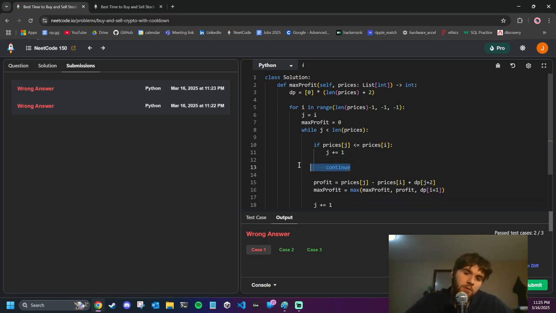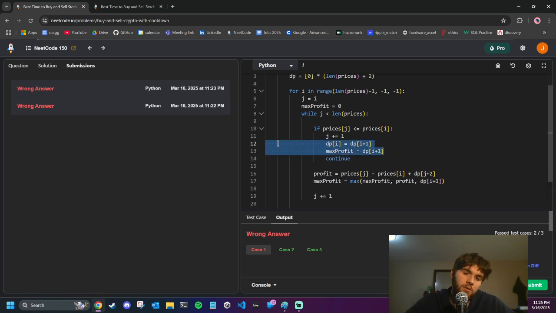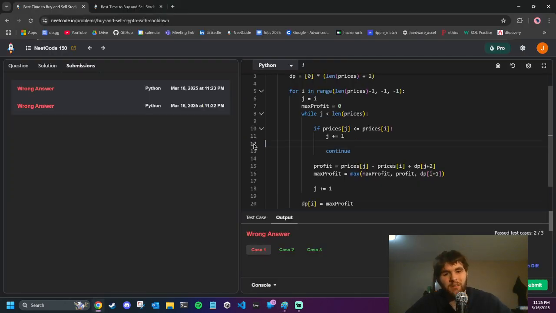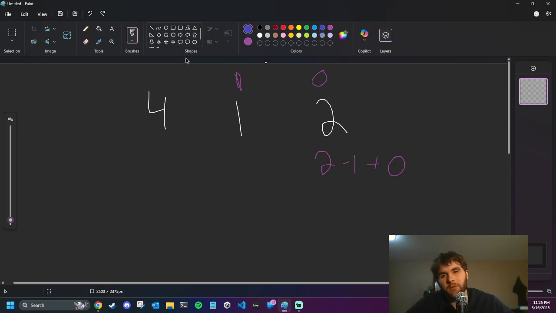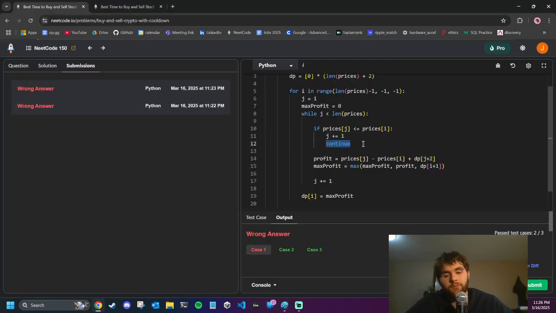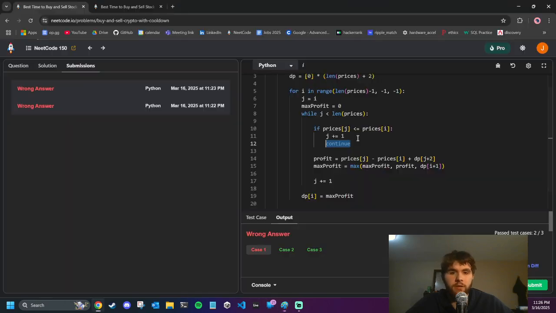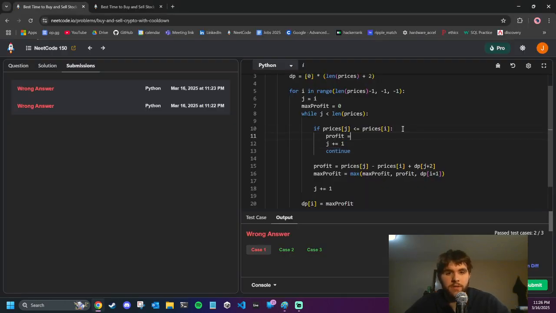Maybe... yeah, that's not right. Okay, so let's think, what happens when I'm skipping? What do I really want? What do I really mean when I'm skipping? So then we're saying the profit would be 0, right? So what if we just say profit equals 0? And otherwise, profit equals this.